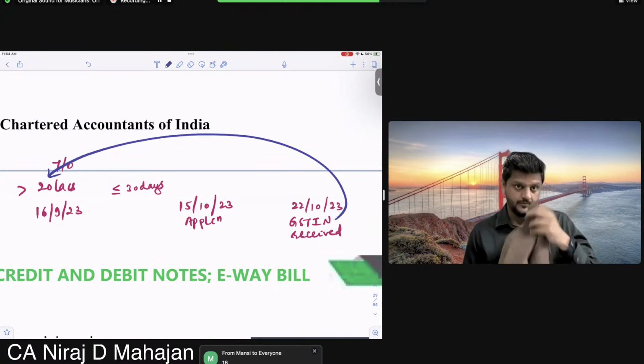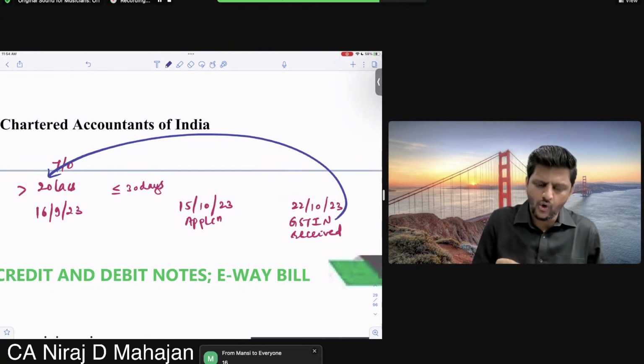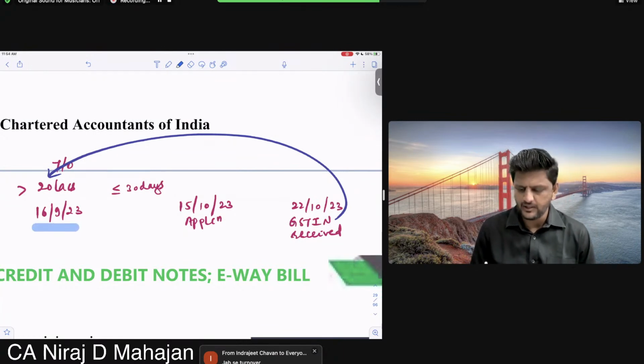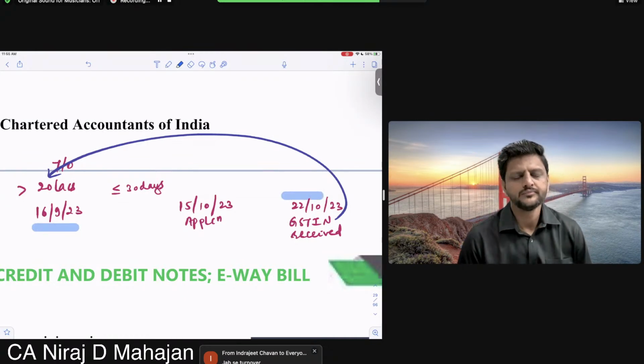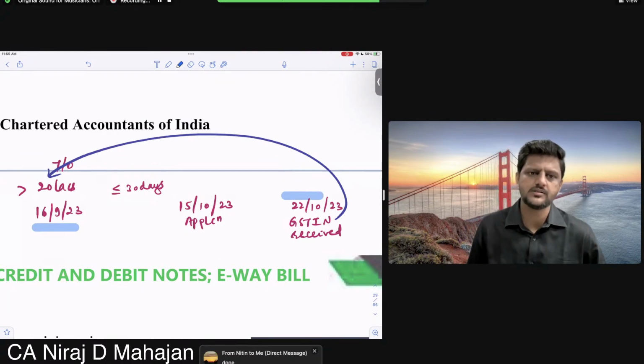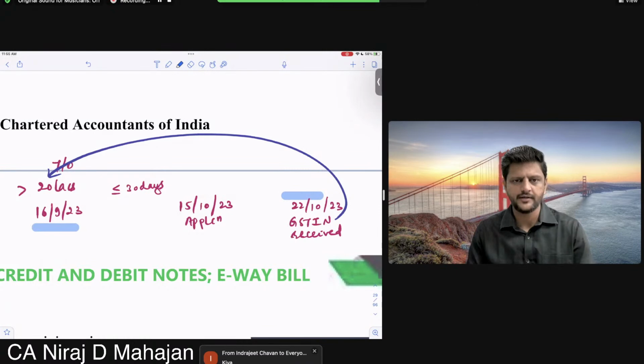Correct. Has he done or not done any supply after 17th September until 21st October? Has he done or has he stopped his business? He has done, obviously, business. He is supplying on a daily basis. Now understand.